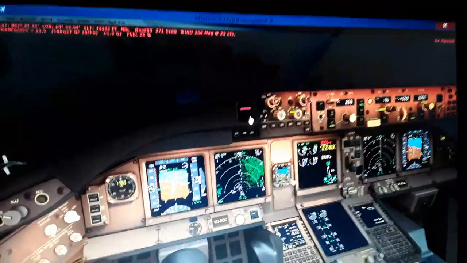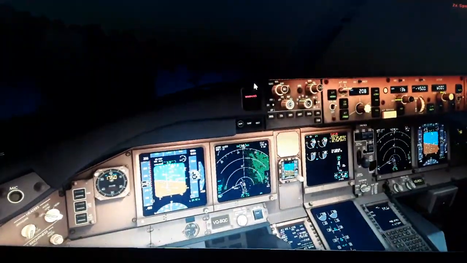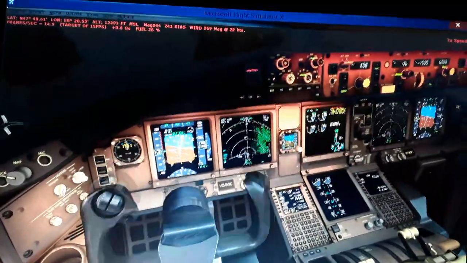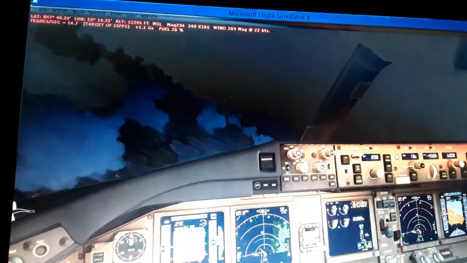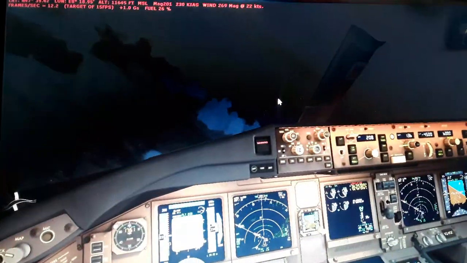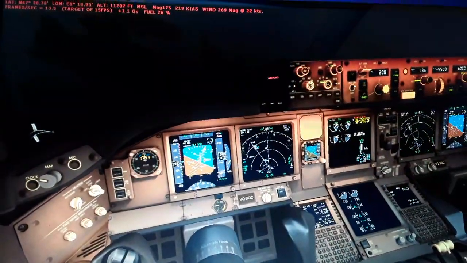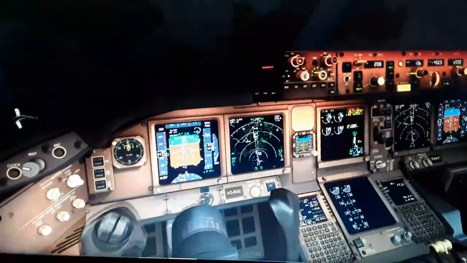So we have the autopilot disconnect. 10,000 feet.